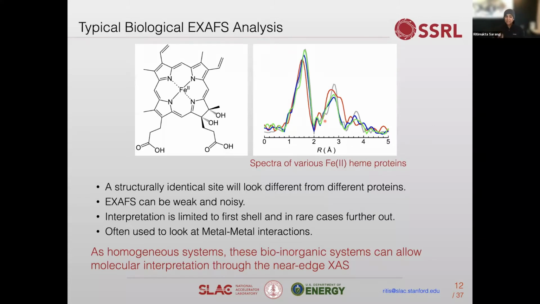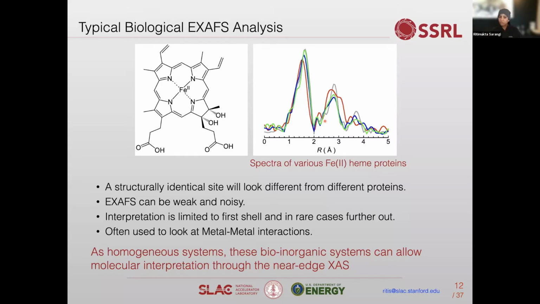Now, having said all of the negatives about doing biological XAS, one big advantage about biological or bioinorganic systems is that the enzyme is in solution and the substrate is in solution, which makes it a homogeneous system, and we are looking at molecular level catalysis.